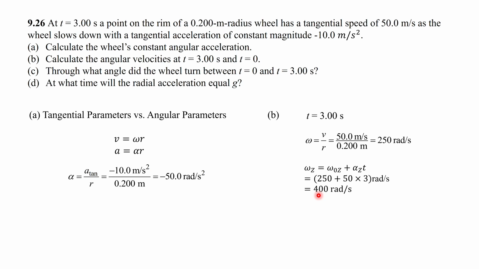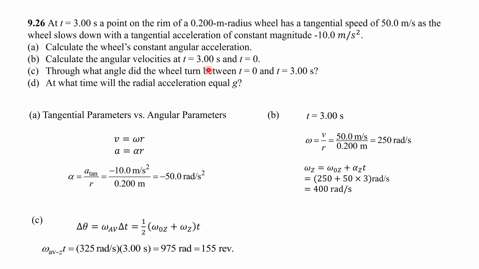And if we go to part C, the question is, through what angle did the wheel turn from 0 to 3 seconds? So this is a question to calculate the angular displacement. To calculate the angle, we pick the relation between the angle, acceleration, time, and velocity.